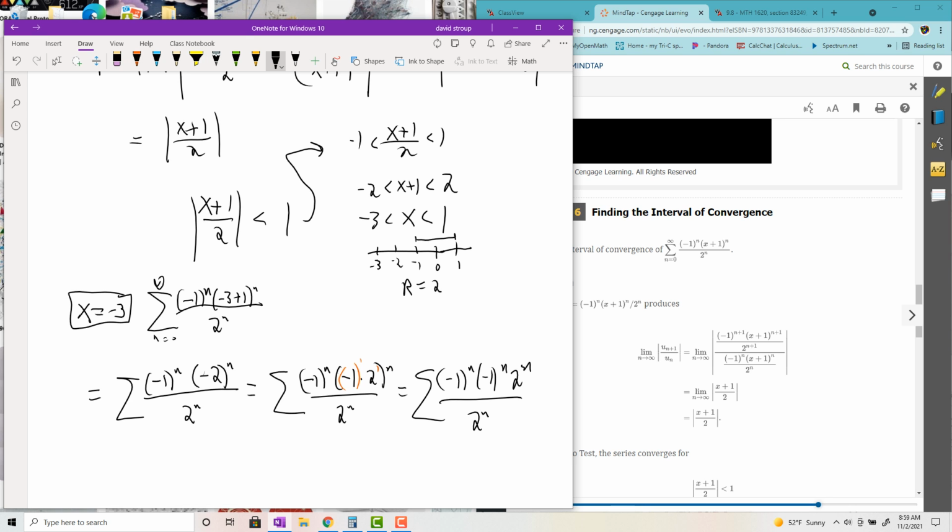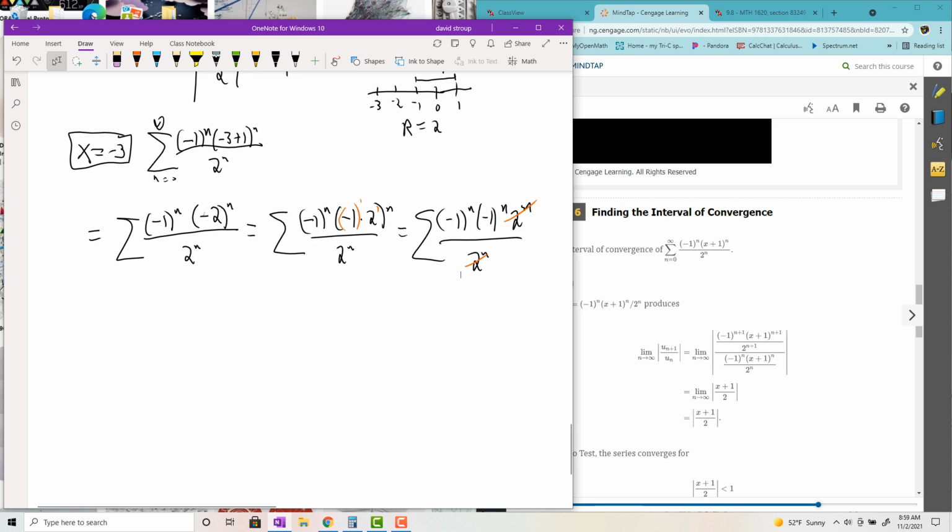The 2 to the n's will cancel. Then you have -1 and -1, so you have like bases. You can add the exponents, and you get -1 to the 2n, which is the same thing as -1 squared to the n. -1 squared is +1, so you end up with 1 to the n, and 1 to any power is just 1, so why not write 1? So we have the sum of 1.